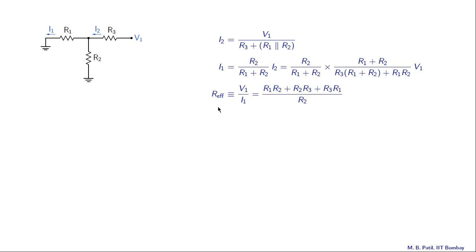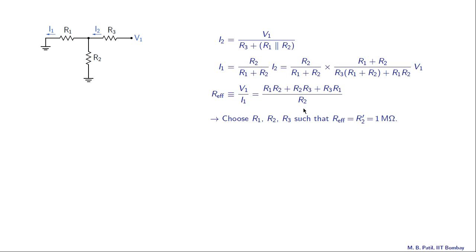Let us define R effective to be V1 by I1, and since we already have I1 in terms of V1 here, we can find V1 over I1, and we can see that this R1 plus R2 is going to cancel out, and we get V1 by I1 as R1 R2 plus R2 R3 plus R3 R1 divided by R2.